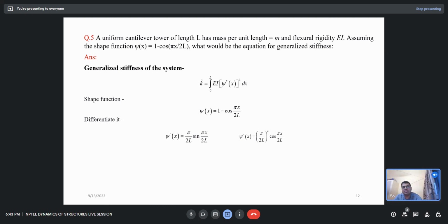Now I just need to put it into this. Can you try it? Anyone? What will be the stiffness? You just need to integrate it.